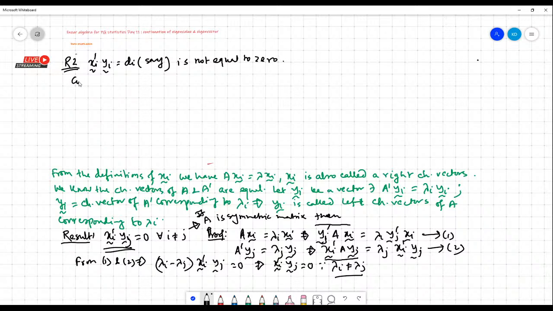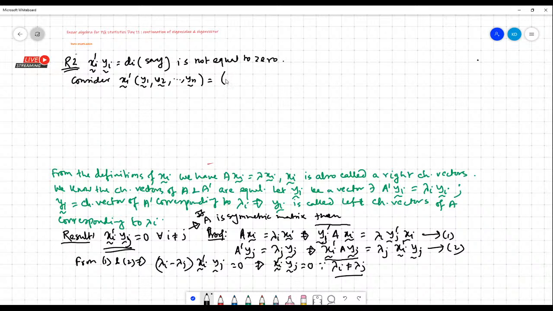Consider x1 curl prime times y1 curl, y2 curl, ..., yn curl.